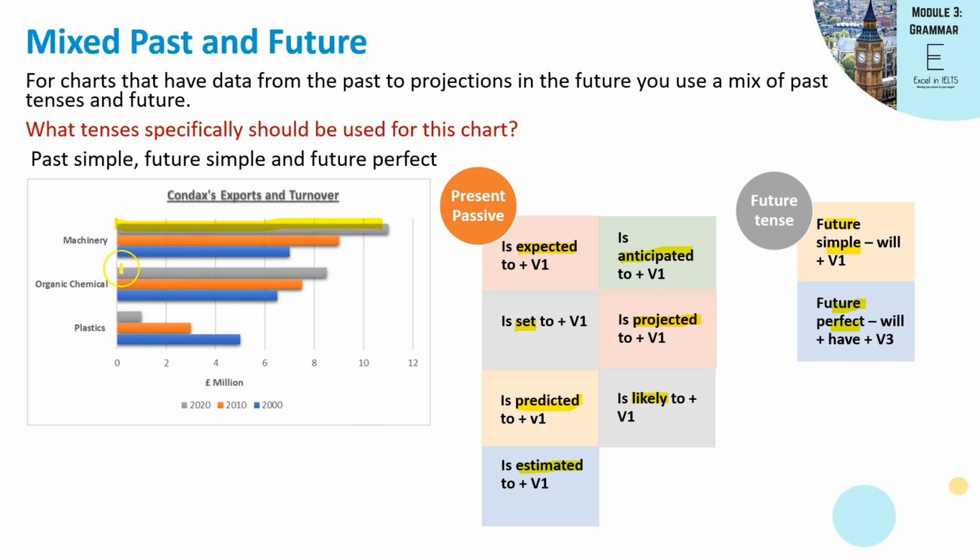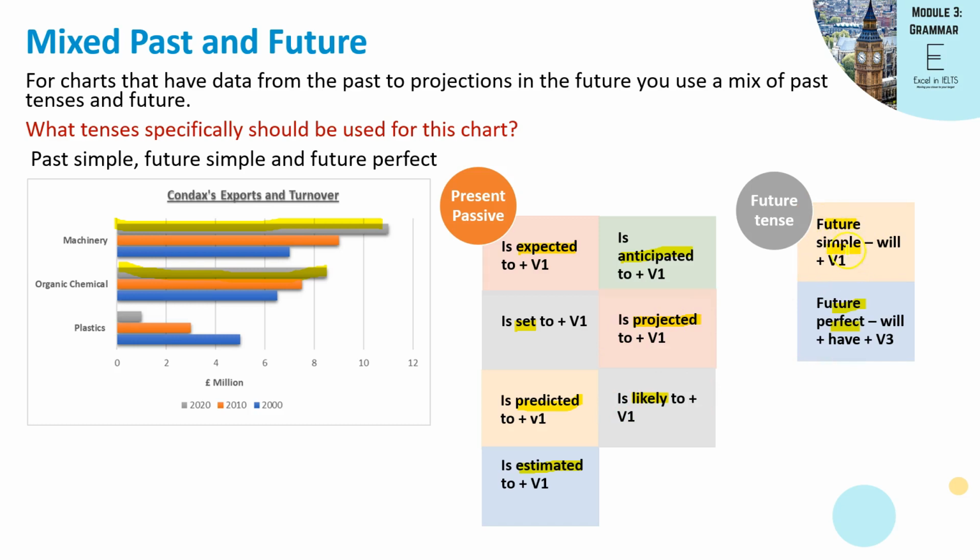If we look at organic chemical, it is set to reach approximately £9 million by 2020. So there you go. So you can use these verbs in the present passive to show a future meaning.